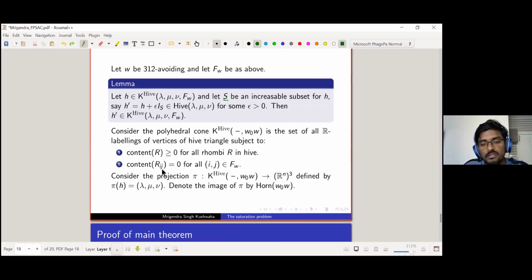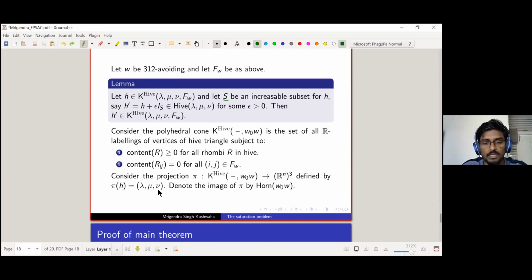That the northeast rhombus R_ij will be equal to 0 whenever ij is in this F_W. F_W is the unique phase for this 3-1-2 avoiding permutation. So this will be a polyhedral cone, and consider the projection from this cone to R^3n. What is this projection? You take any hive H and project it to its boundary label. Note that in a hive the boundary labels are given by lambda 1 plus lambda 2 and so on, but you can always extract the partitions lambda, mu and nu.